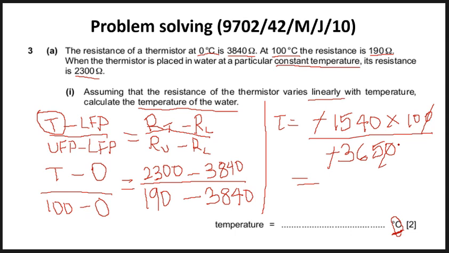So here I'm going to have 1540 times 100, divided by 3650. That gives me 42.19.